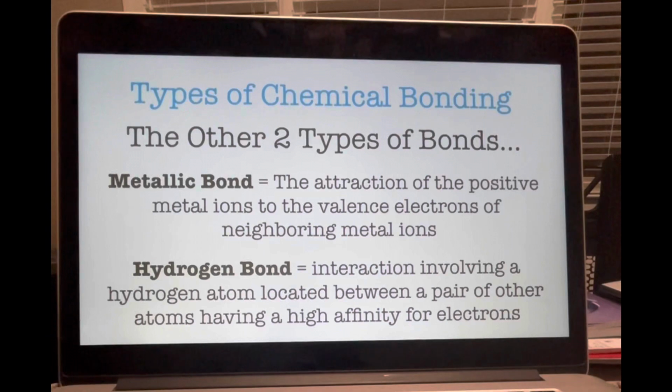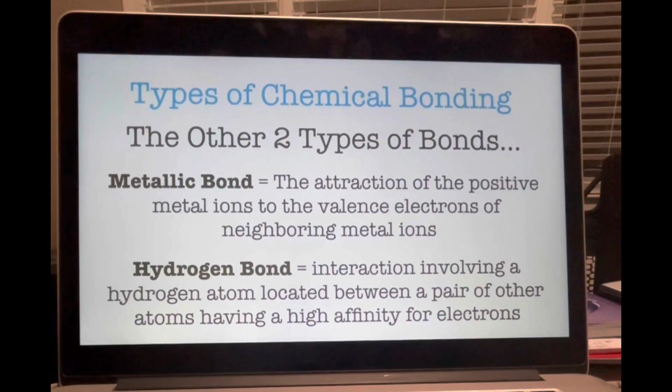So before we leave the topic of types of bonds, I want to mention the two other types. The first type of bond involves metals. Most metals have a very low attraction for electrons, which is why they give up their electrons so easily to become positive ions. Because of this, the valence electrons of metals move more freely between atoms of the element than valence electrons of nonmetals.